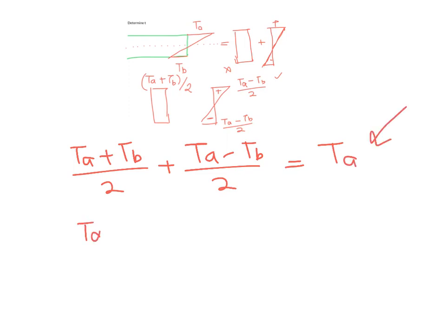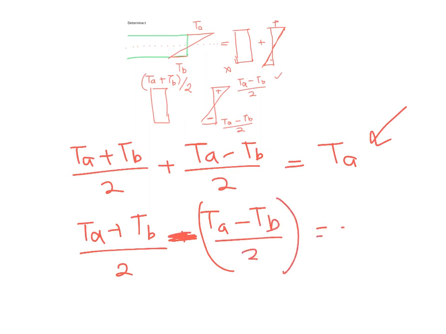Similarly, if you work out Ta plus Tb upon 2 plus, so this will be negative because this temperature is negative in nature, Ta minus Tb upon 2, that will give you minus Tb. Minus sign here represents that this temperature will be negative in nature or compressive in nature. This positive one will give you a positive stress in the pavement.